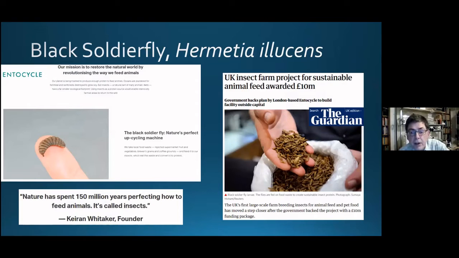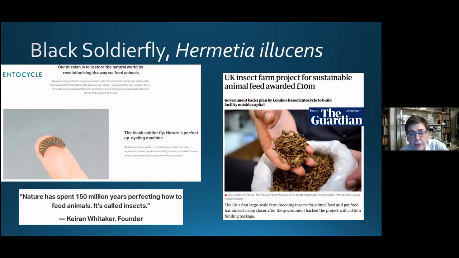To some extent, the larvae are reared to use as pet food and feed to reptiles and so on, but it also seems to have a potentially very important role in recycling various forms of waste. The fly larvae will feed on the waste, and then the larvae themselves can be processed into food that can be used for animal feeding purposes.